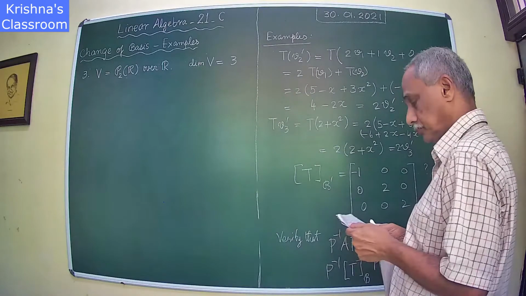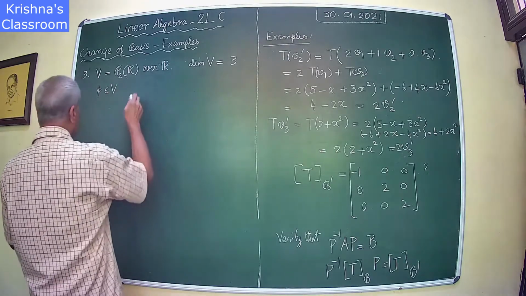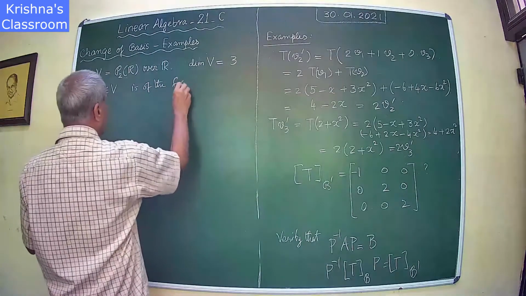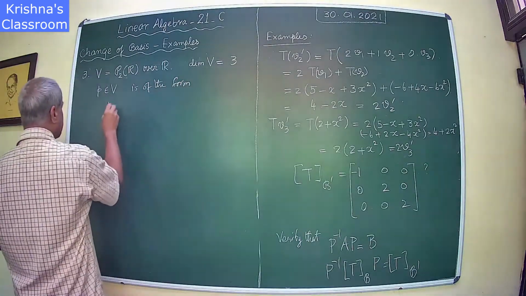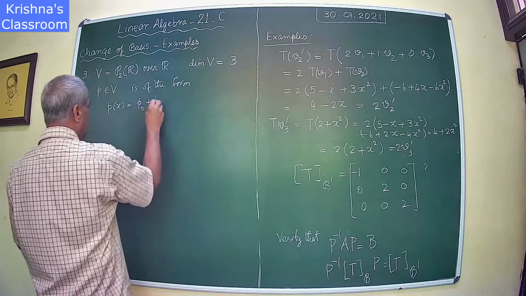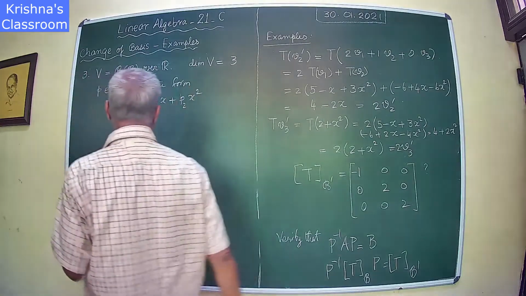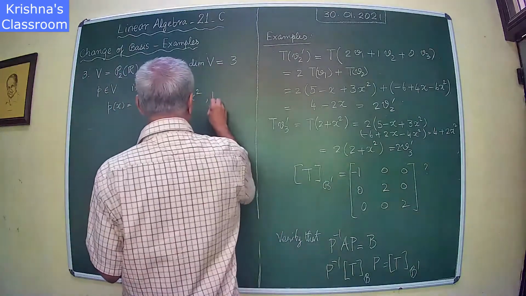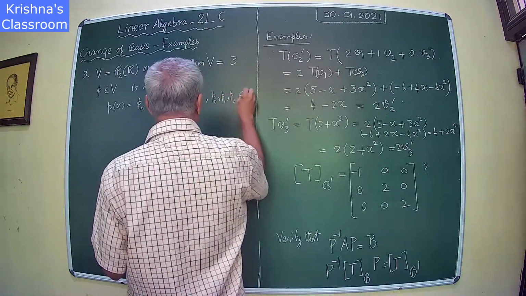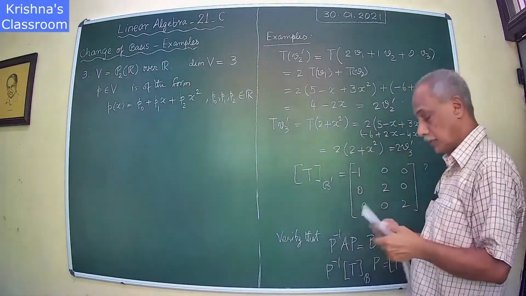Now suppose p belongs to the space and is of the form p of x equal to p0 plus p1 x plus p2 x squared, where the p i's are scalars. This is the general form of the polynomial.